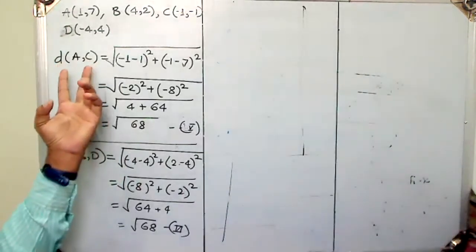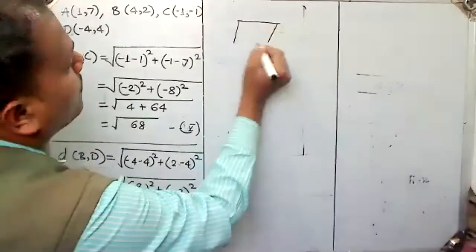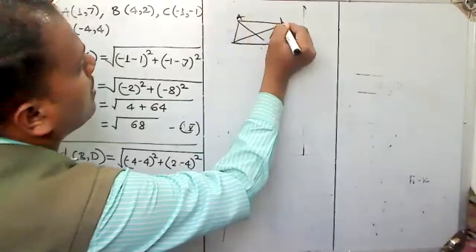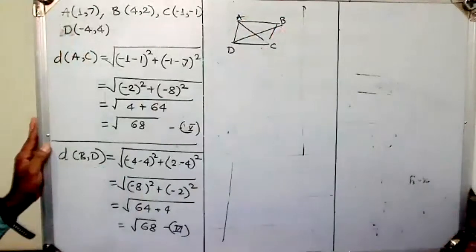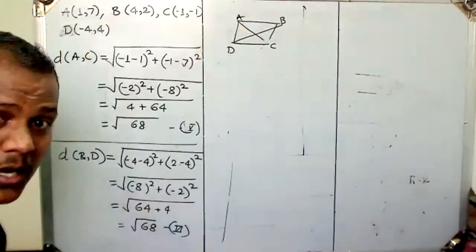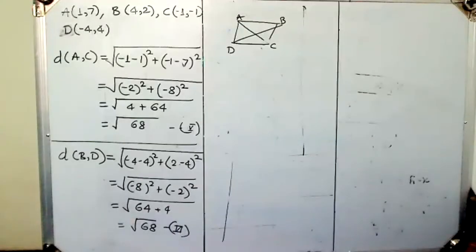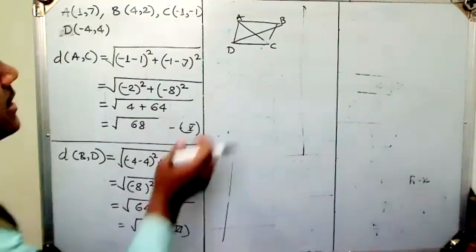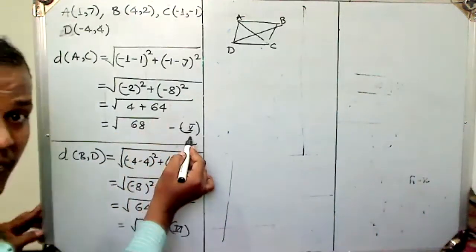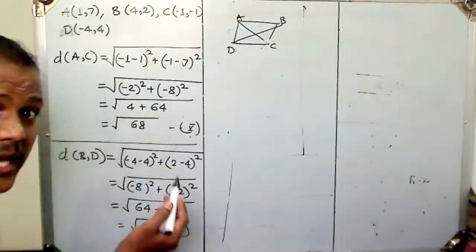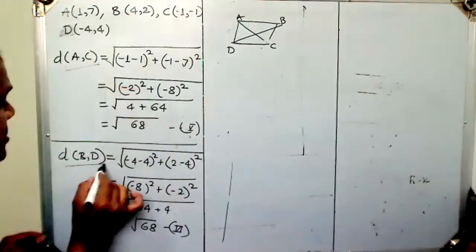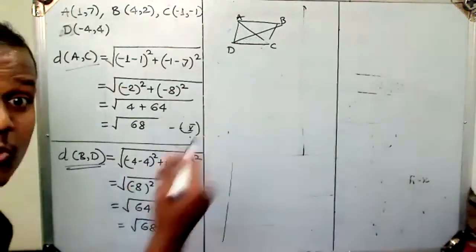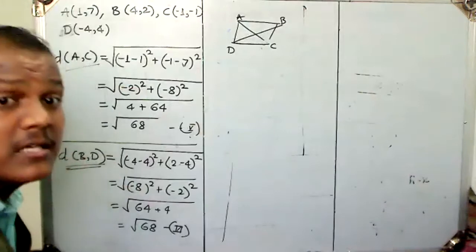What is AC in the quadrilateral ABCD? AC is a diagonal, and BD is also a diagonal. And if we observe carefully, from equation number 5 and equation number 6, we can say distance AC and distance BD are the diagonals of the given square.